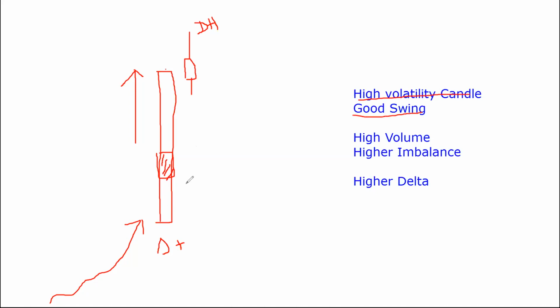In between the candle you can see a lot of patches of imbalance coming in, like positive buyers are driving the price up, and it's an initiative drive. It's an initiative drive up, and then price keeps going up.